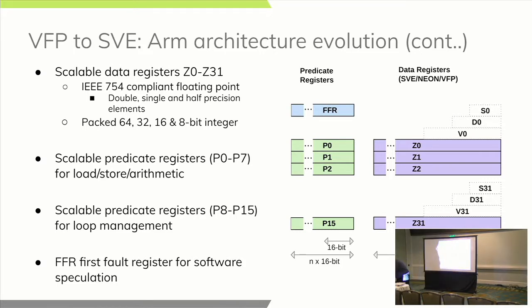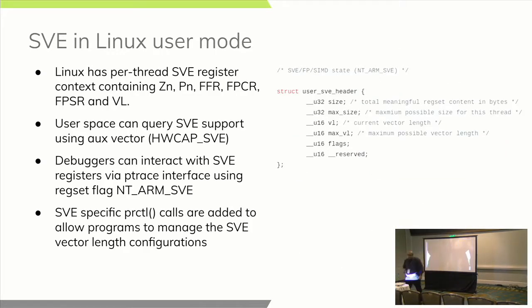So if we look here, a lot has changed. The main thing that is challenging us is the size variability, where the register size can change from 128 bits to 2048 bits.